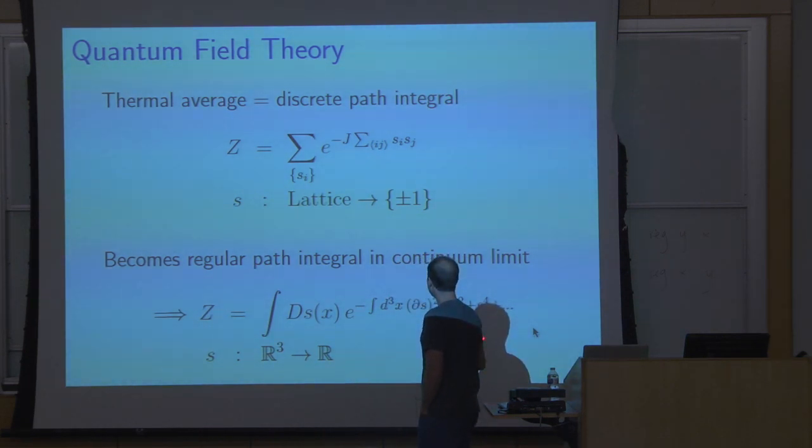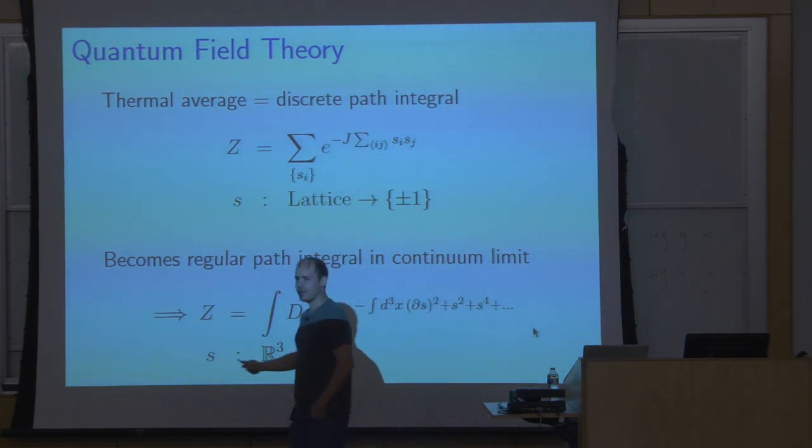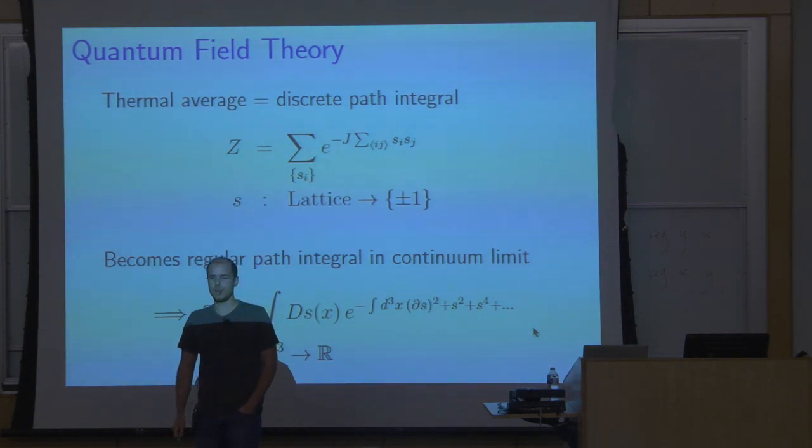So it's kind of like, if you squint, a path integral. In the case of a path integral, we have a function s from a continuous space-time to continuous numbers. But you should think of this as kind of a model for this. And the study of path integrals is quantum field theory.